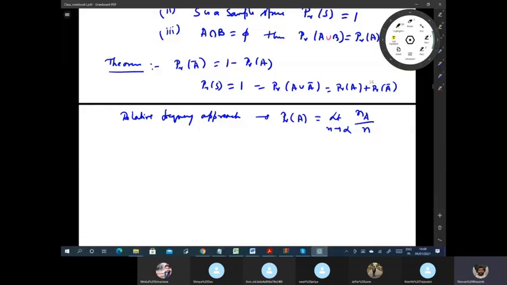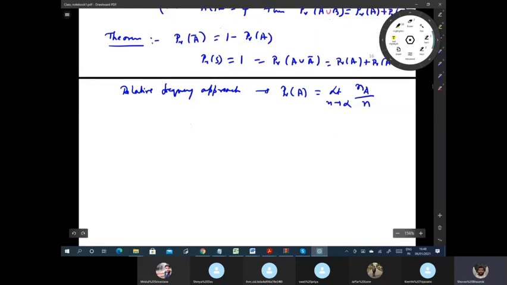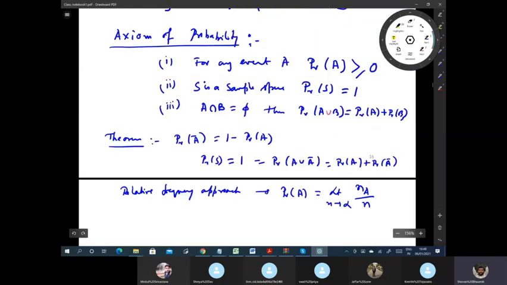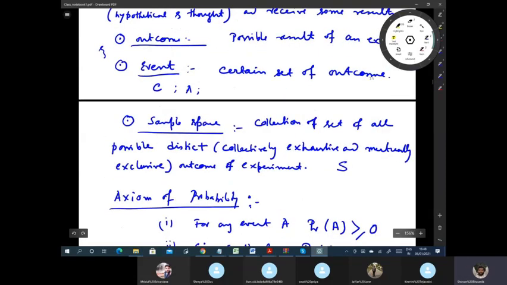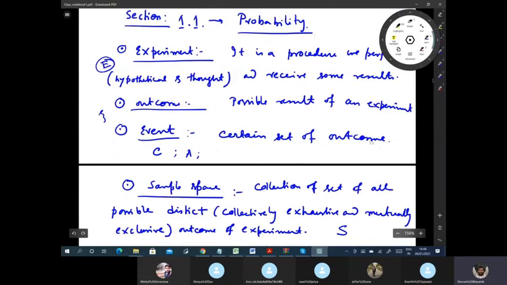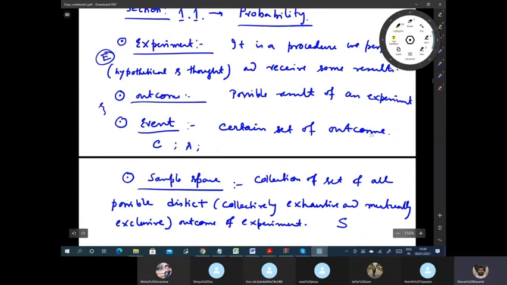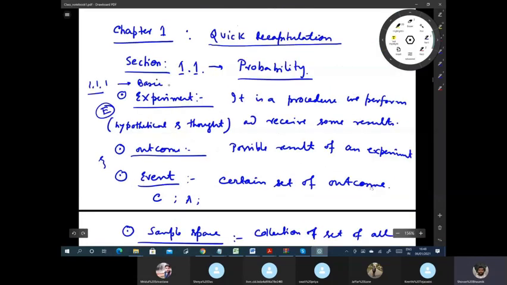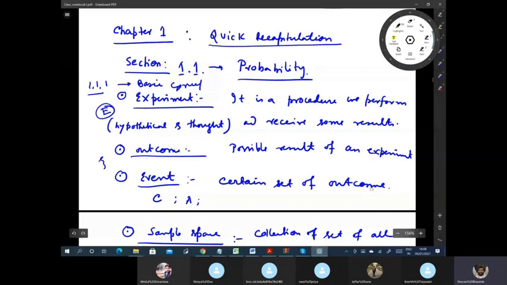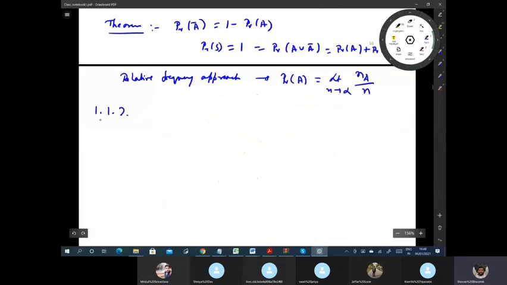Now there are two things we should tell. So this is 1.1.1, the basic concept of probability. Then we can move to the next subsection, 1.1.2.